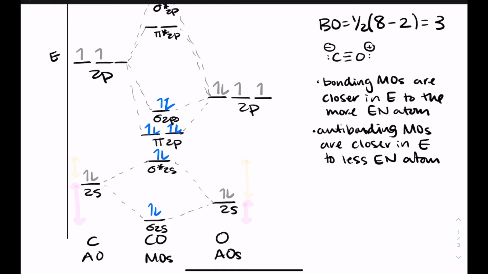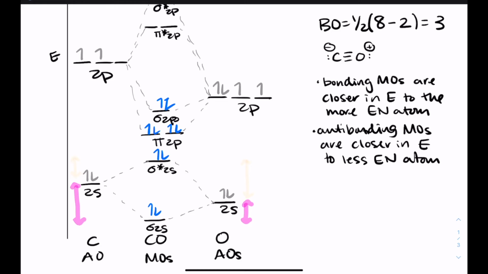Let's do a bond order for this carbon monoxide. You end up doing half of 8 minus 2. This gives you a bond order of 3. And if you compare it to the Lewis structure, you do get a match. Now I have the Lewis structure of carbon monoxide here. It's not pretty, we don't like it, but this is the best Lewis structure for carbon monoxide.